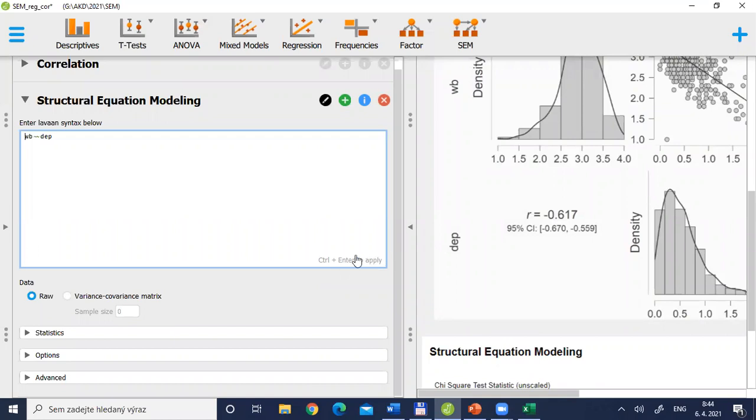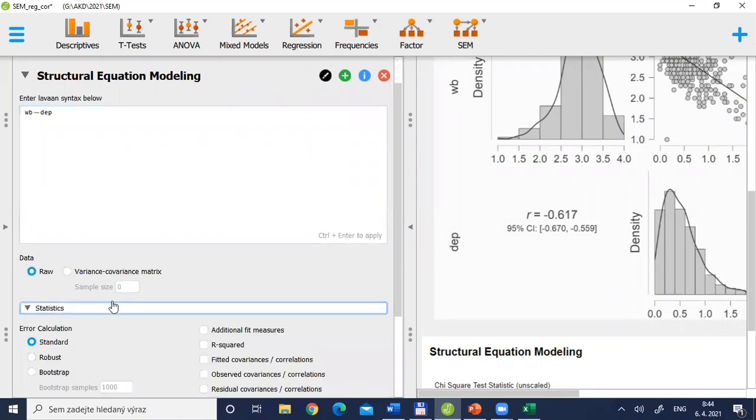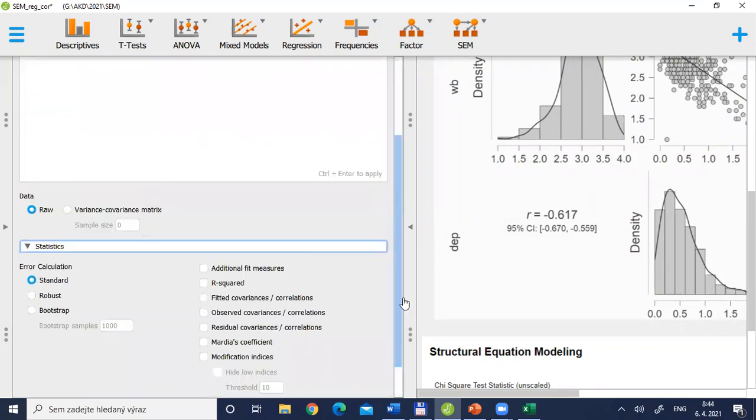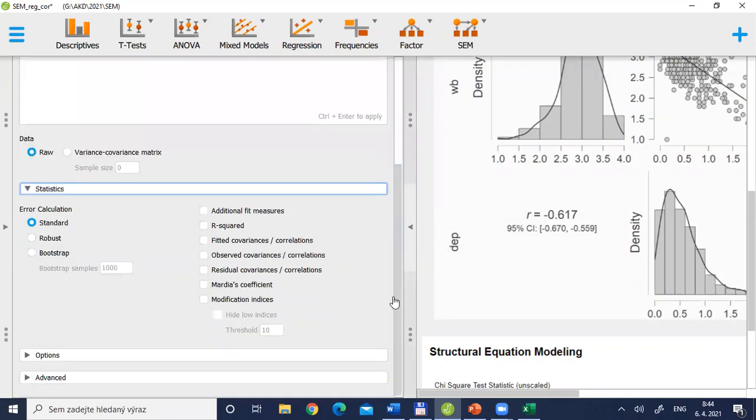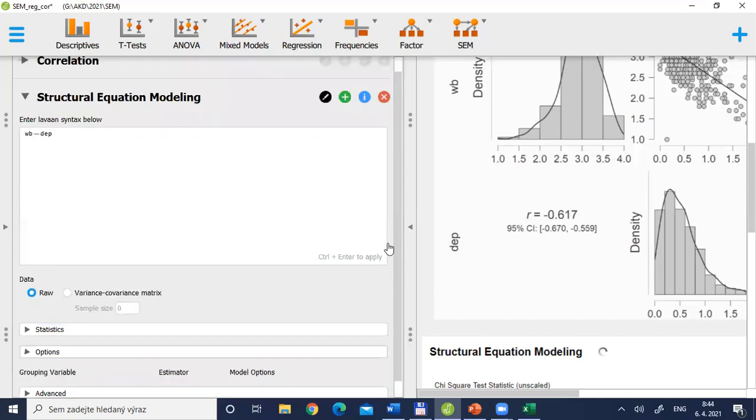I would go into some advanced options. So please click into statistics. And first of all, please ask for so-called additional fit measures. Next, you can go into options.